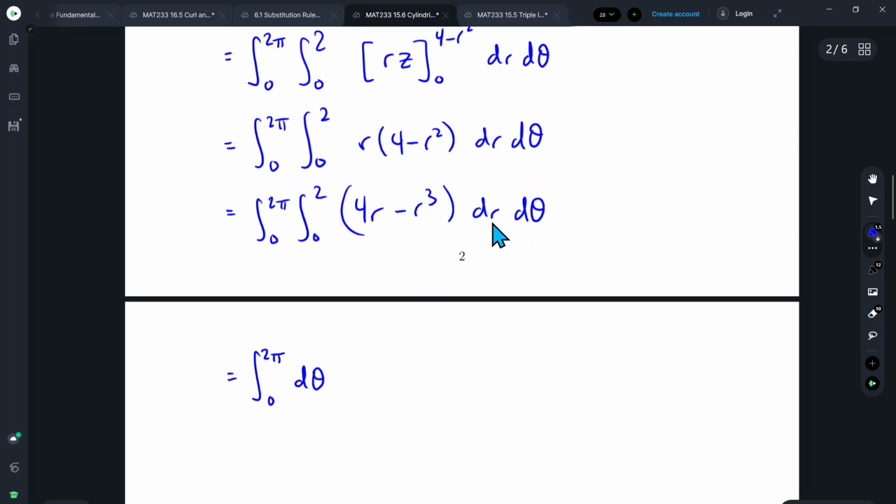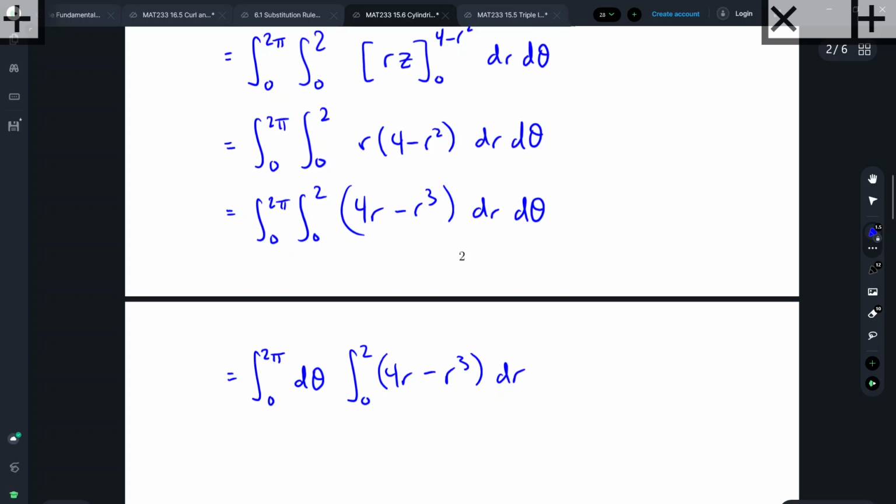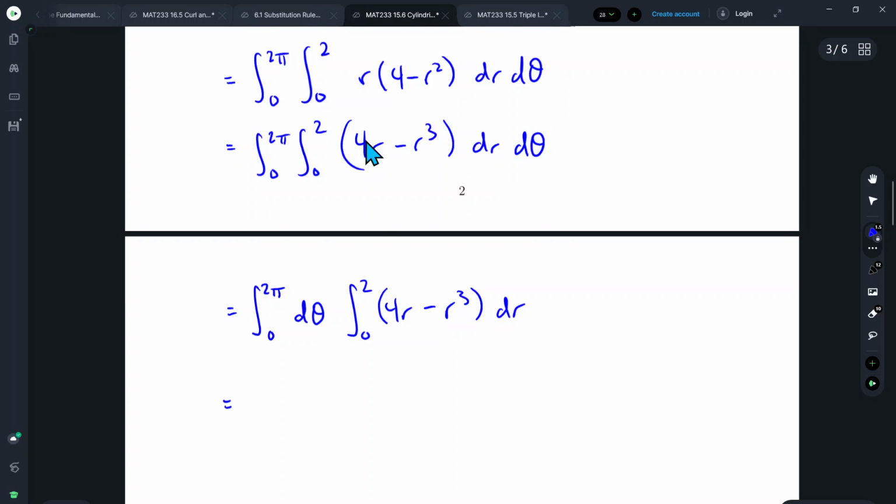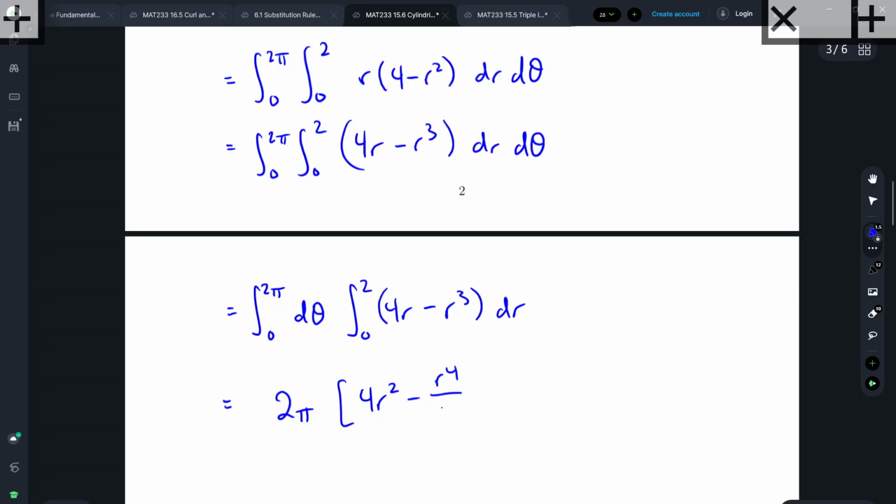You can only do this when the integral doesn't depend on theta. And then the integral from 0 to 2 of 4r minus r cubed dr. The first one is just the length of the interval, which is 2 pi. And then here the antiderivative is 4r squared minus r to the 4th over 4, evaluated from 0 to 2.